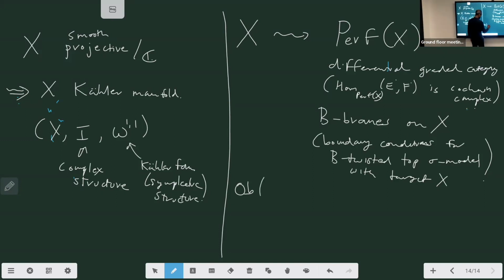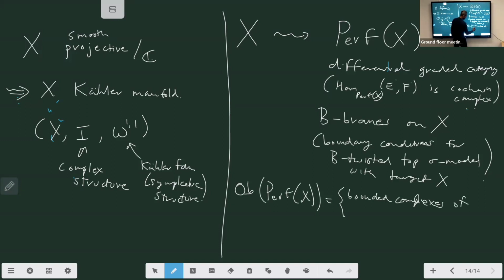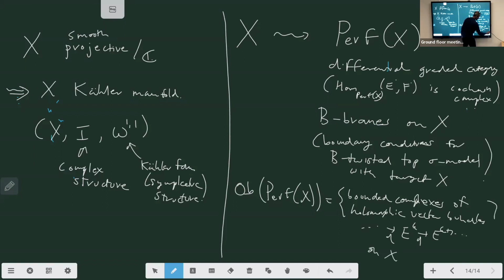So objects of Perf are, roughly speaking, bounded complexes of holomorphic vector bundles on X. Okay.